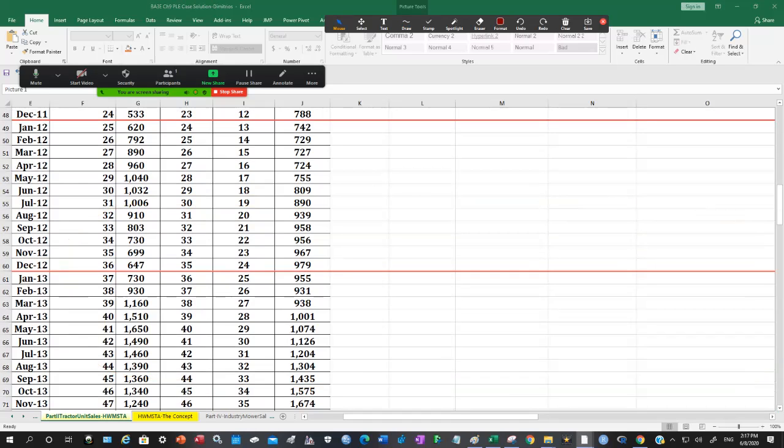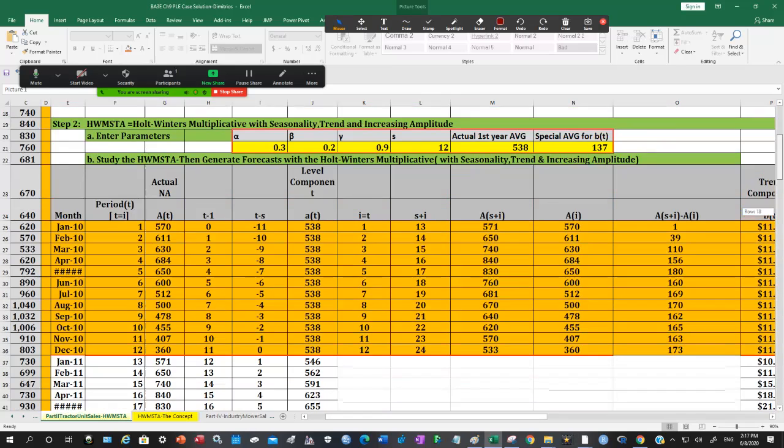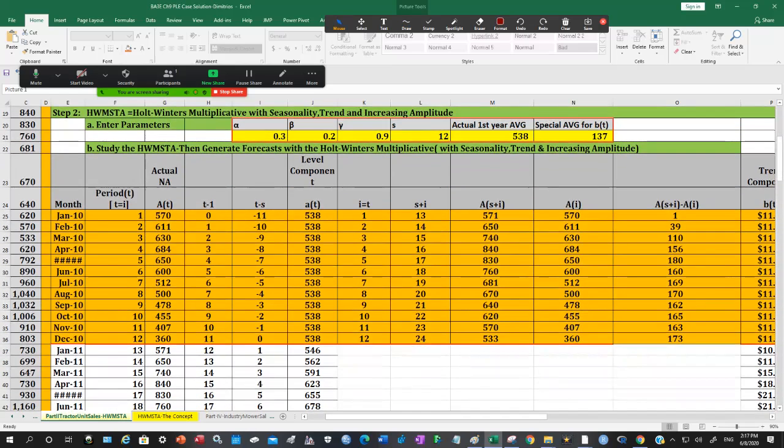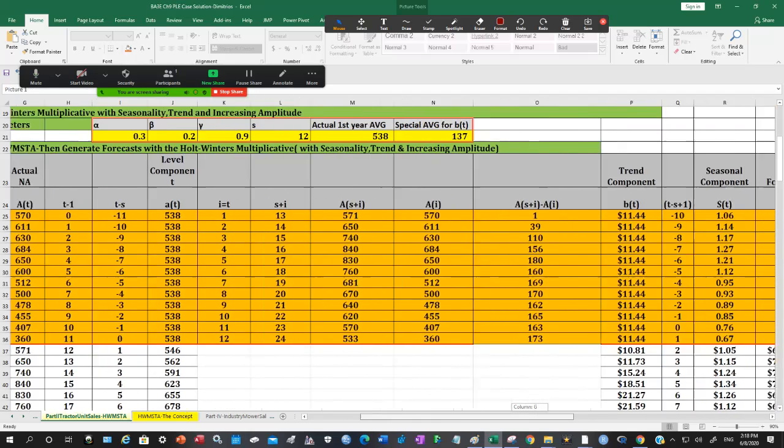Let me make this a little bit smaller. All right. So you see here, for the first 60 periods, this is the first season where I have actuals, but no forecasts. Just move it to the right.